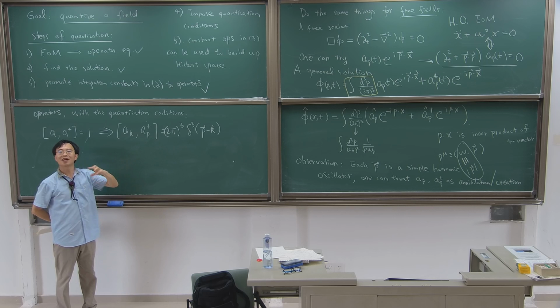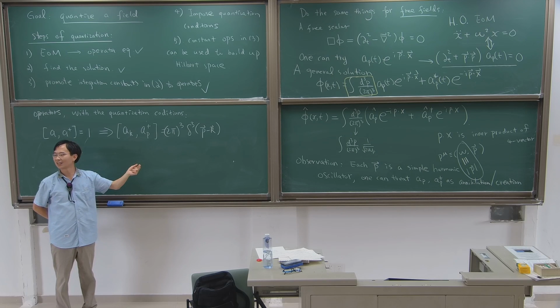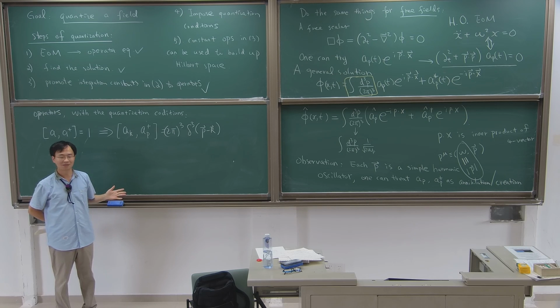This means the non-trivial commutation relation happens only for the same mode carrying the fixed momentum. They don't cross each other. For different k and p, non-trivial commutation does not happen.